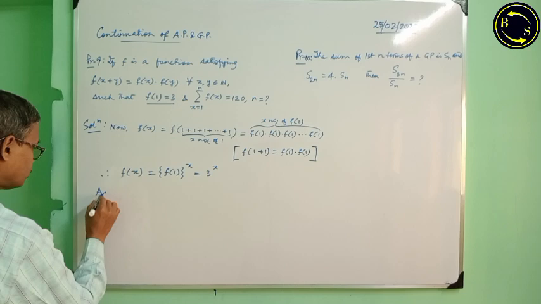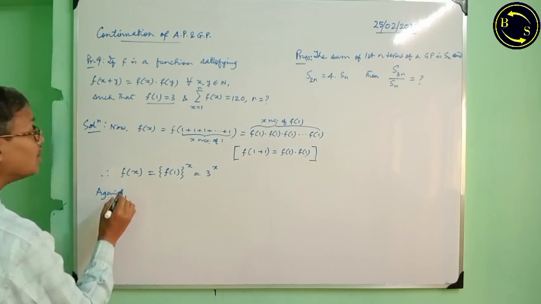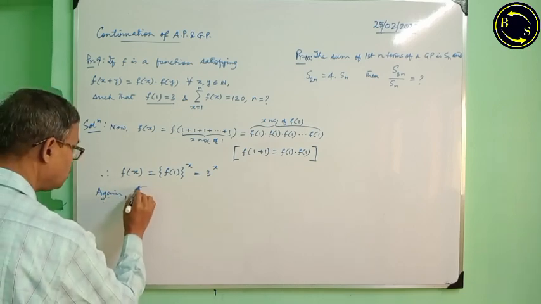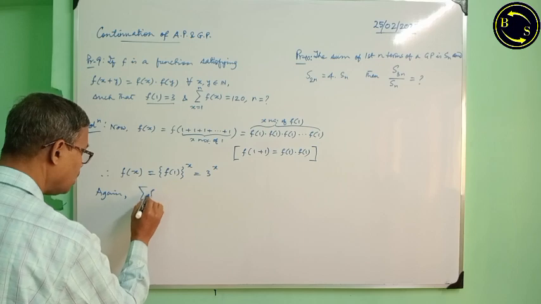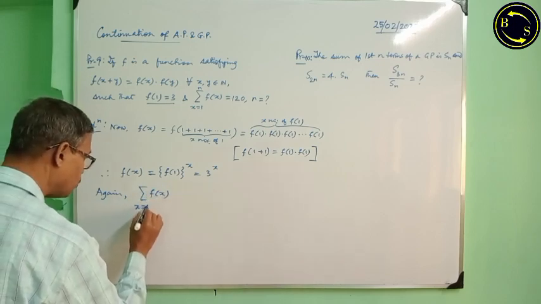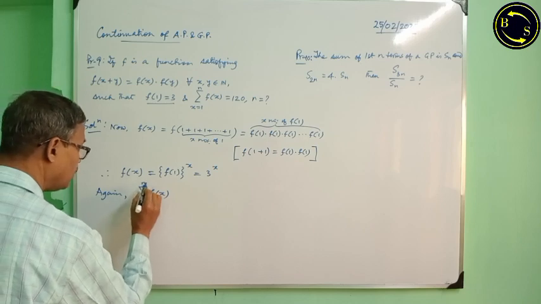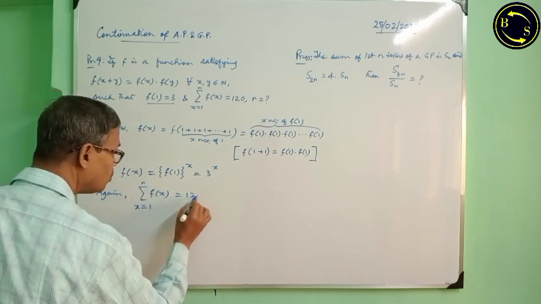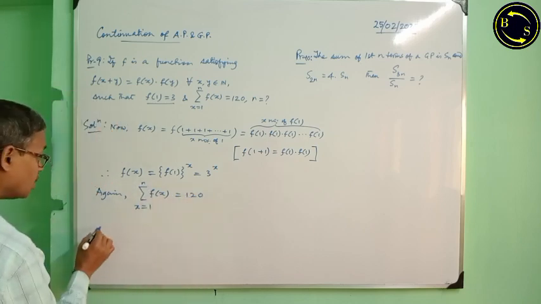Again, summation f(x), where x starts from 1 to n, is equal to 120.